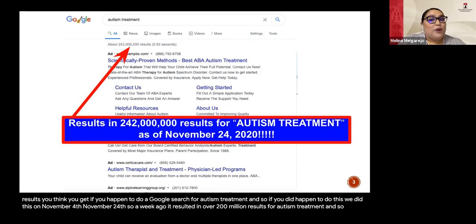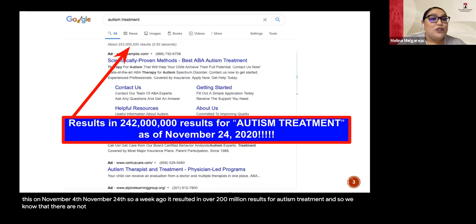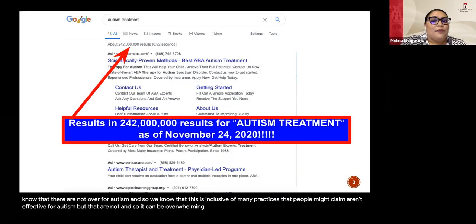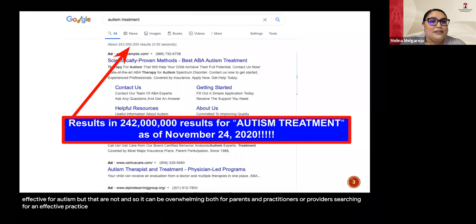And so we know that there are not over 200 million evidence-based practices for autism. And so we know that this is inclusive of many practices that people might claim are effective for autism, but that are not. And so it can be overwhelming, both for parents and practitioners or providers, searching for an effective practice for their child or student.